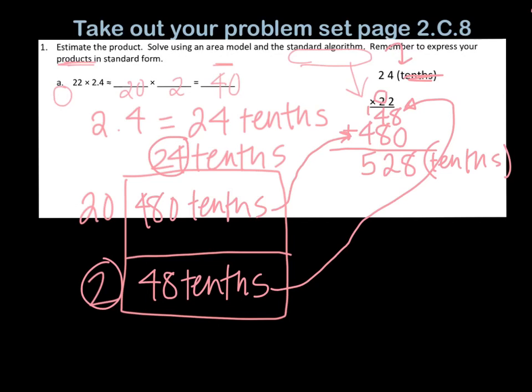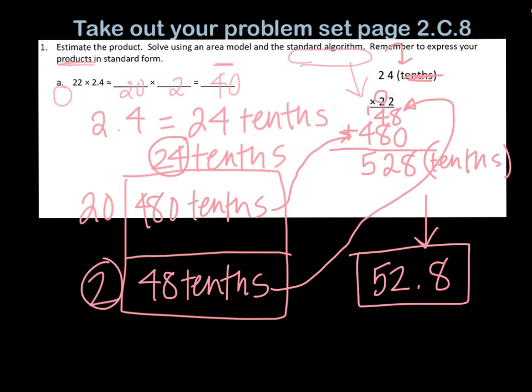So if I have 528 tenths, that means I can write that as 52.8, or 528 tenths. And the 8 has to be in the tenths place.